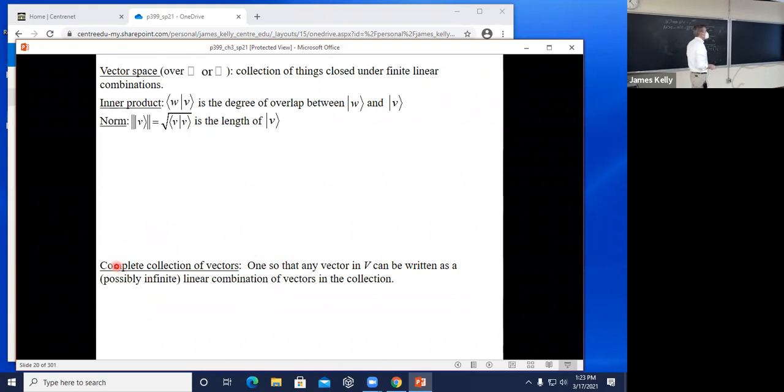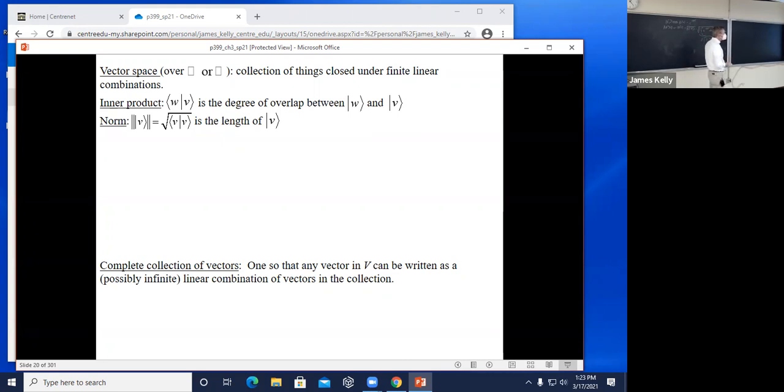Could I take a special collection of vectors that's not the complete vector space, that has this special property: if you choose any arbitrary vector in the vector space, I could write it as a linear combination of the vectors in this collection that I've named, the subset of the vector space?